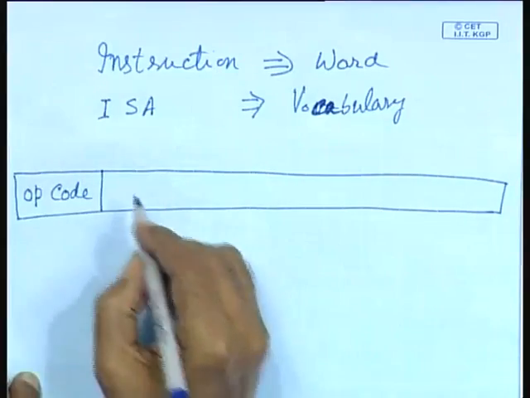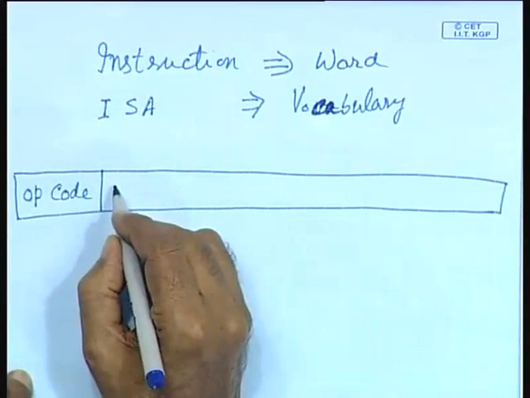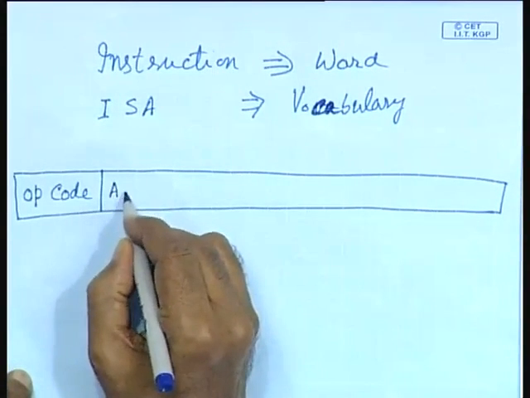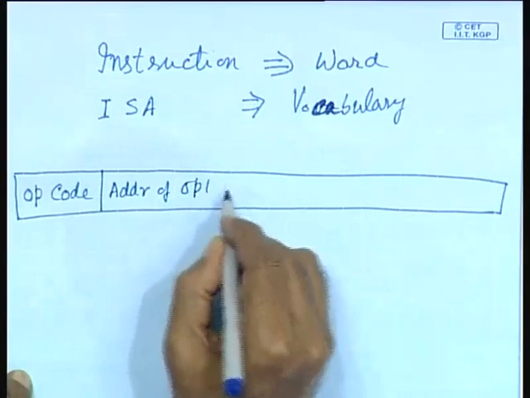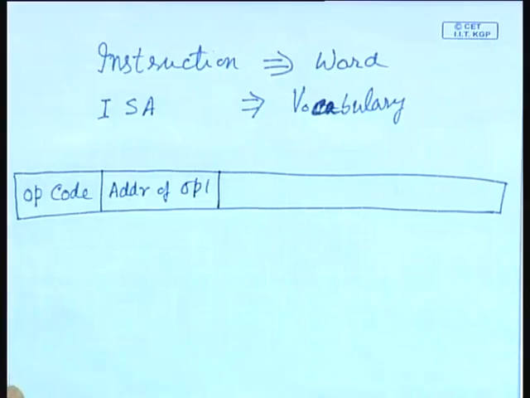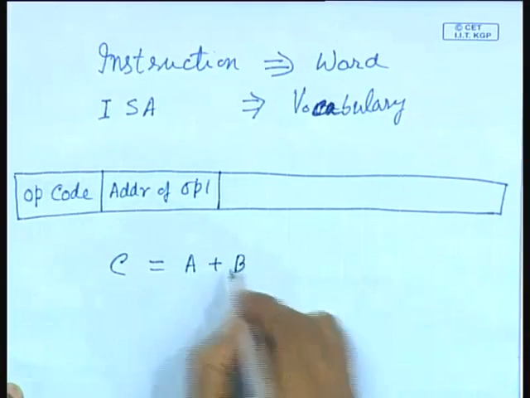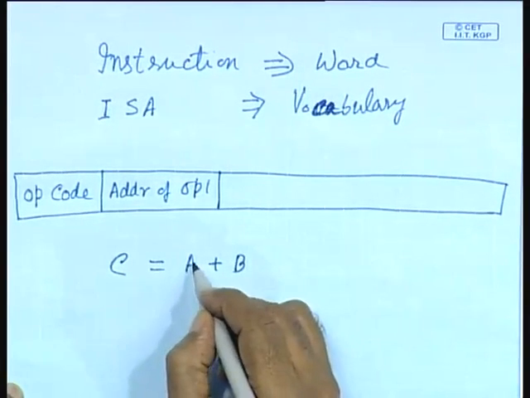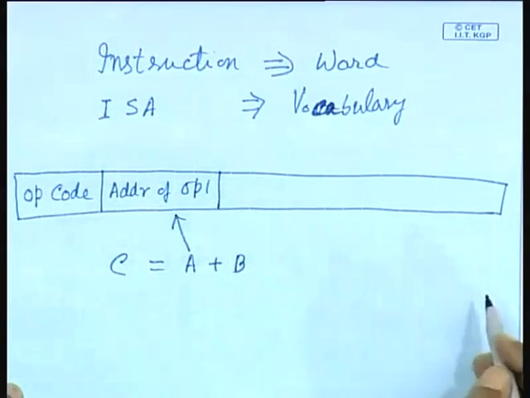Then apart from the opcode, the other fields of the instruction are, number one, the address of operand 1. Whenever you have to perform some operation, let us assume you have to perform C equal to A plus B. The question is, where from will you get A? That is the address of operand 1.